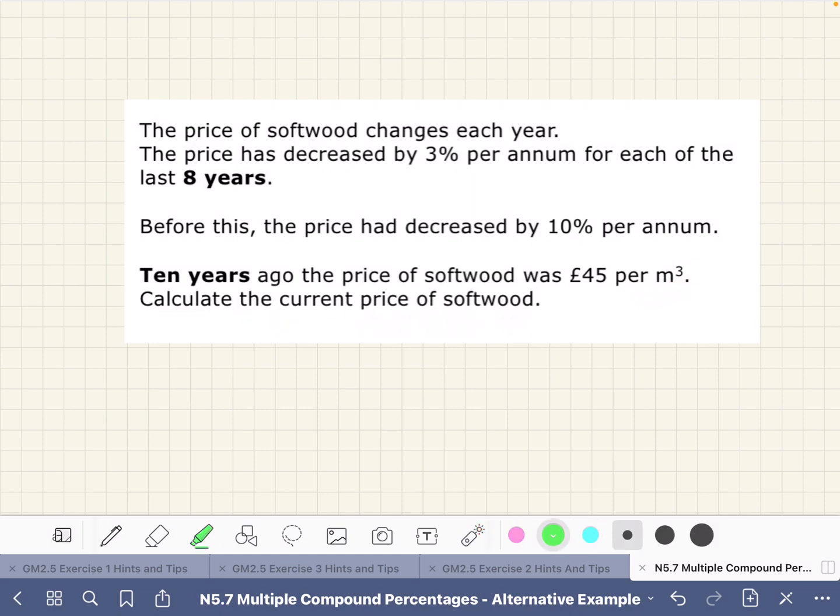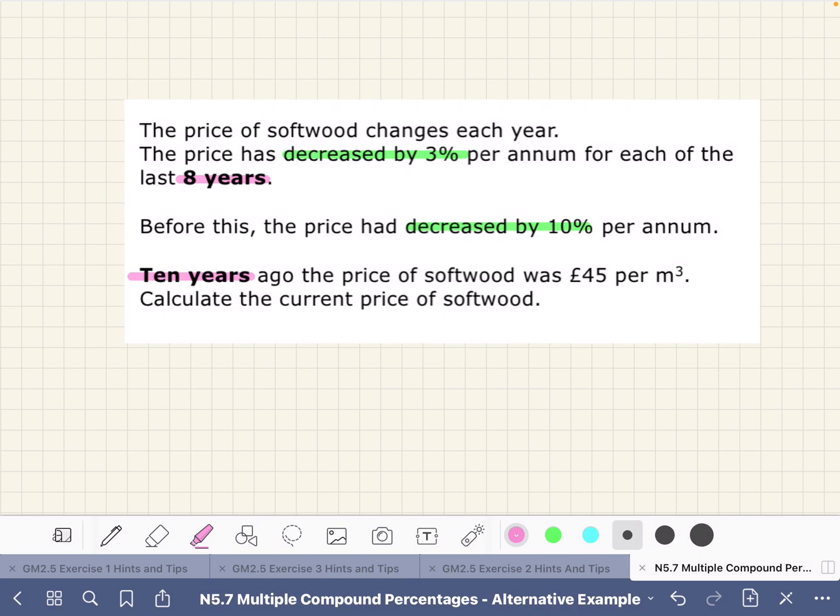So, key information. We have decreased by 3%. That happened over 8 years. Decreased by 10% this time. Okay, so we have got 2 decreases this time. We do not know how many years there are altogether.